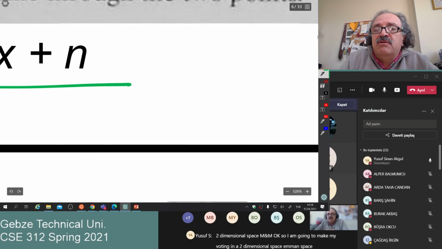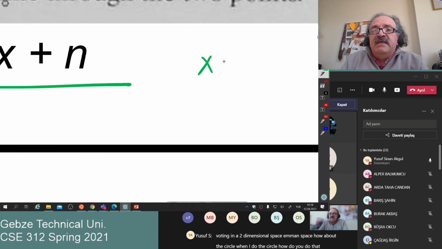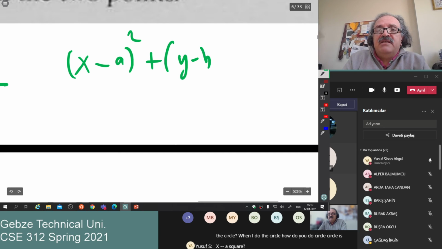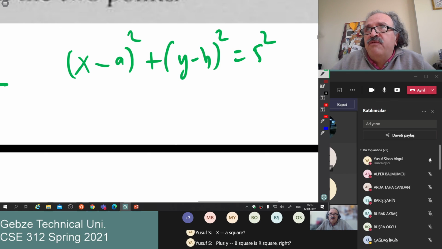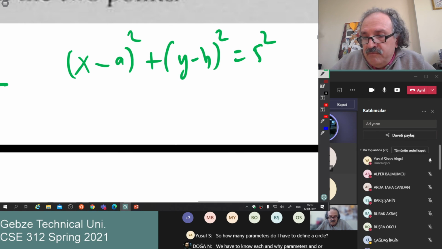How about a circle? How do you do the circle? A circle is (x minus a) squared plus (y minus b) squared equals r squared, right? So how many parameters do I have to define a circle? We have to know the x and y center parameters and the r parameter.